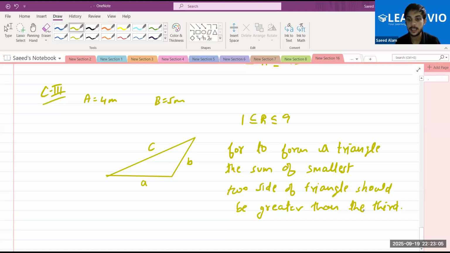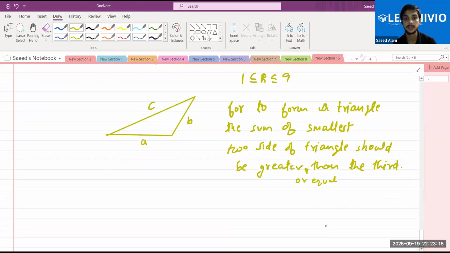Greater than or equal, you can consider the equal part also. Okay, I'm writing it over here. Greater or equal than third.